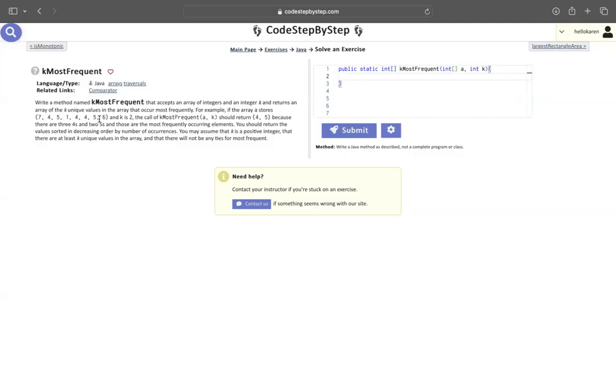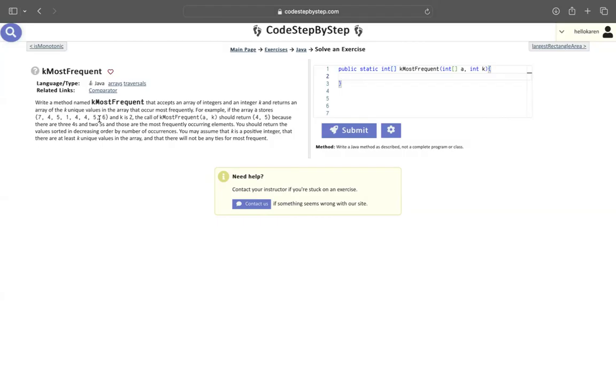Make an array list of integers that's going to hold all the unique numbers inside the array. And then make an array list of frequencies that's going to keep track of all the frequencies of the numbers they give you. Array lists are one-dimensional.